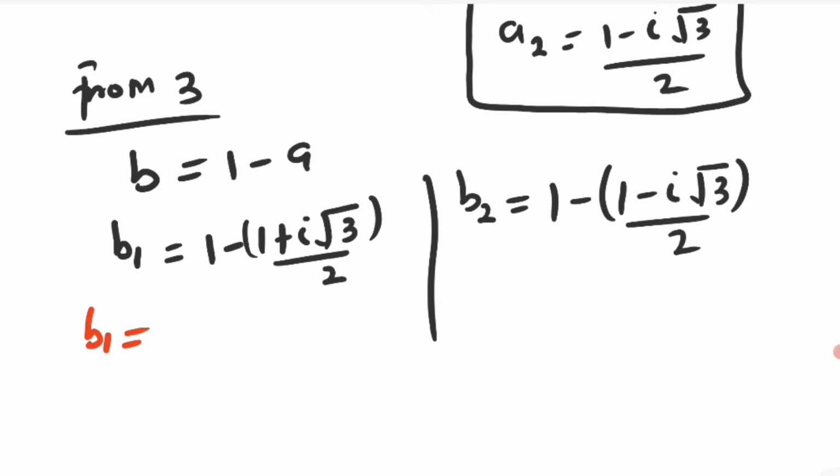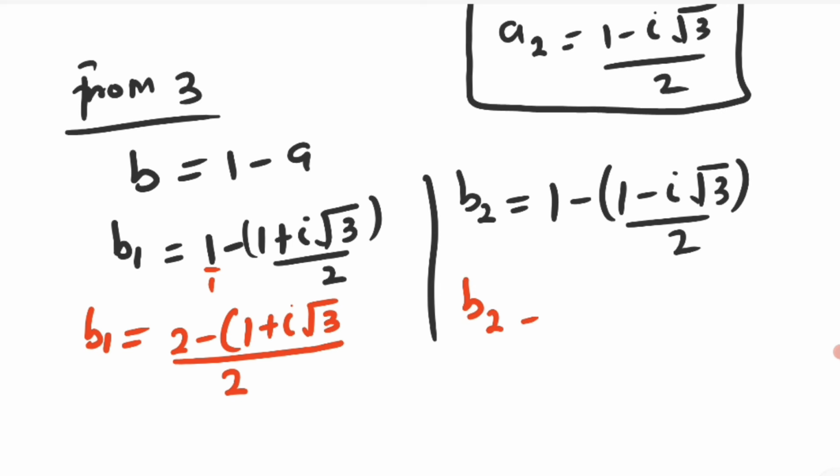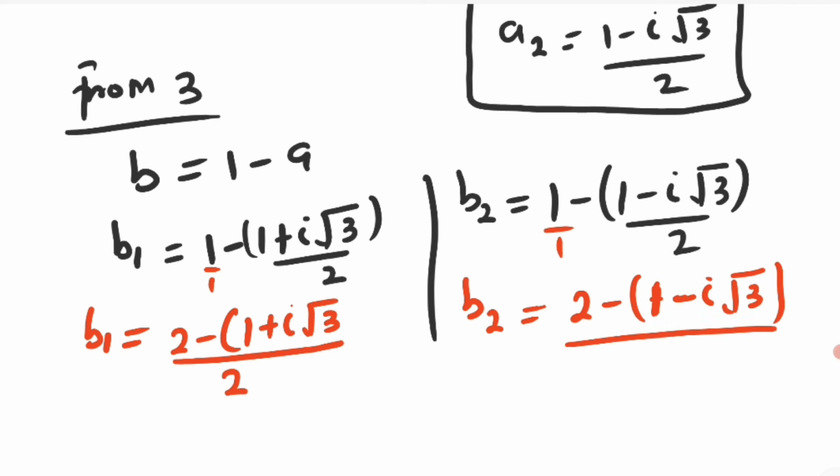B1 is equal to, here this is over 1, the LCM is 2. We have 1 into 2 times 1, that is 2 minus 1 plus I root 3. Then here B2 is equal to, this is over 1 as well. We have 2 minus bracket 1 minus I root 3, then over 2.